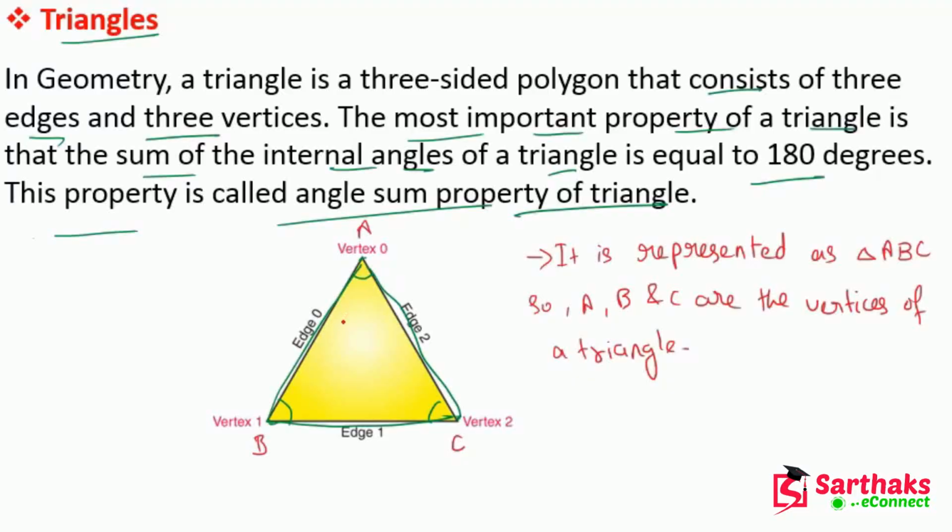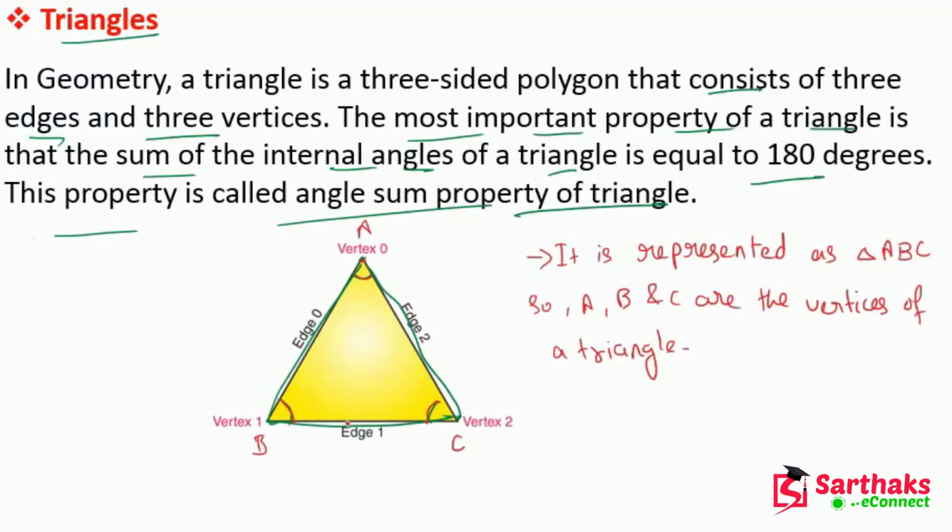As we discussed, a triangle is a type of closed polygon which has three sides, and two sides are joined at a point called the vertex. We are talking about this vertex. An angle is formed between the two sides. So similarly we have three angles.